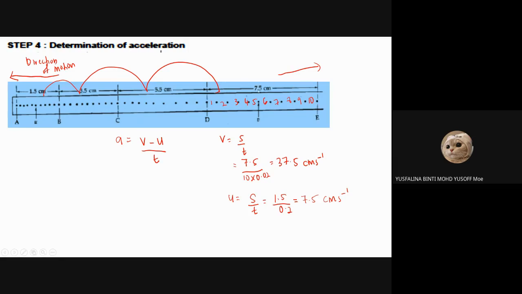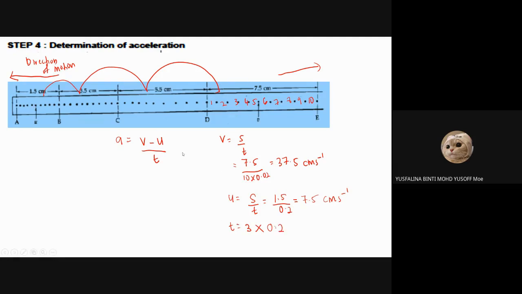So T here is 3 multiplied by the total time for each part. The total time for each part here is 0.2, because we already know they have 10 ticks here. So one tick is 0.02, and 10 ticks means 0.2. So 3 multiplied by 0.2, the total time for one part.